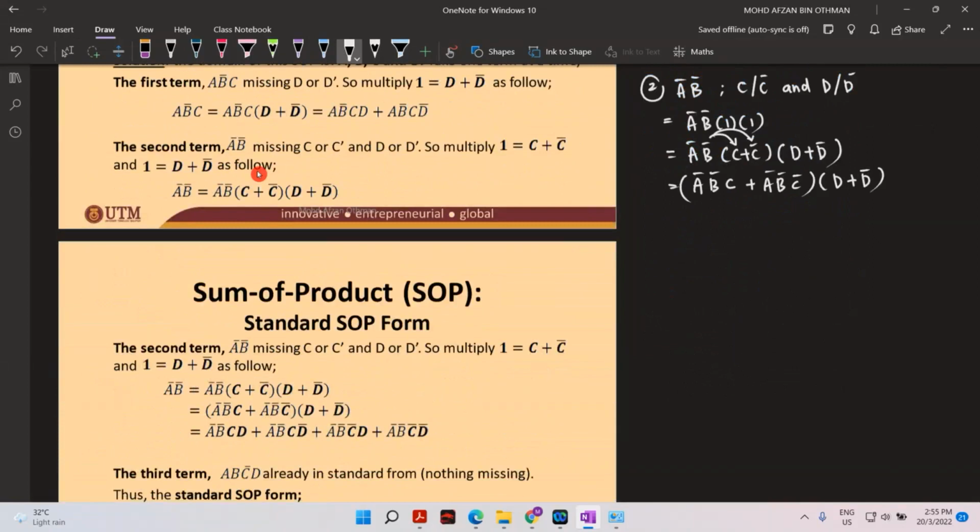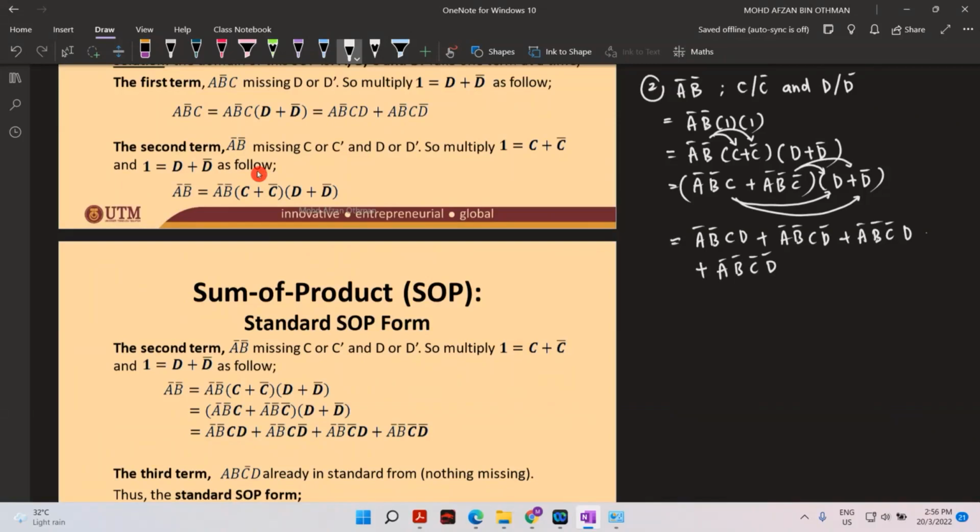Dah dapat macam ni, nak buat apa pula? Kita expand lagi. Now we will get Ā B̄ C D + Ā B̄ C D̄ + Ā B̄ C̄ D + Ā B̄ C̄ D̄.